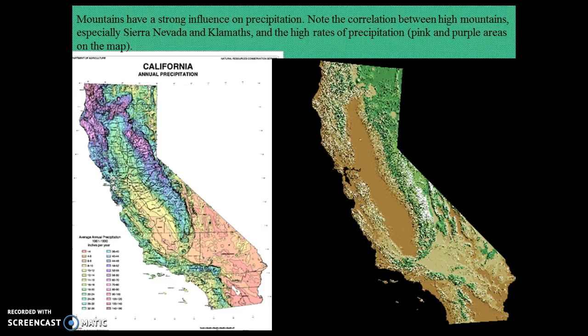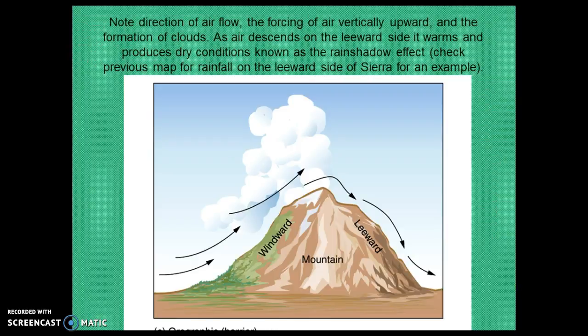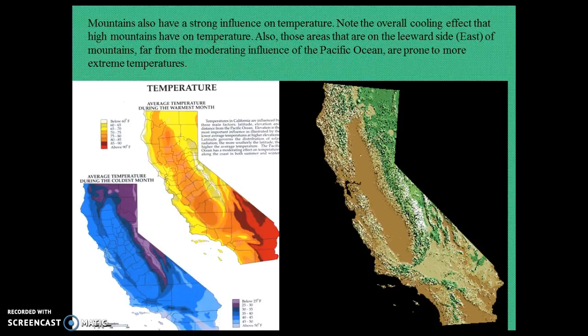Mountains, of course, playing a very strong role. You want to be familiar with the role of orographic lifting and the rain shadow effect. So the orographic effect, and that, of course, is prominently represented in the distribution of precipitation in the state.